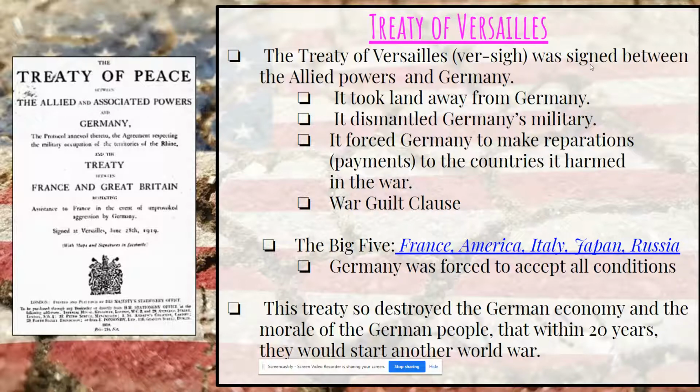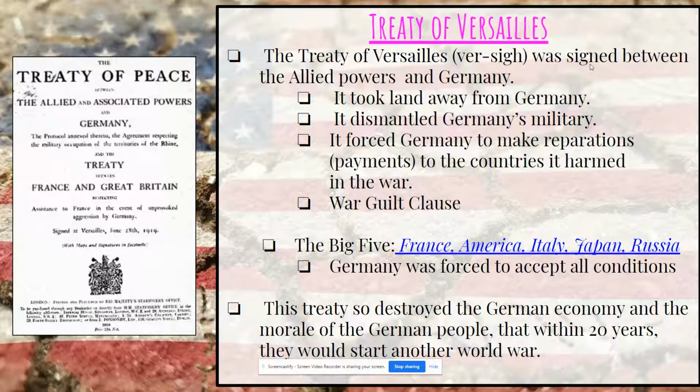So, yeah, it makes sense. The losing country has to pay for all the damages. But the Treaty of Versailles totally dismantled the German economy. One, it took land away from Germany. Okay, and when you have land, aka colonies, you have resources. If you have resources, you have money. Because if you sell those resources, that's how you can pay for things such as building up your military or even paying off a war debt.